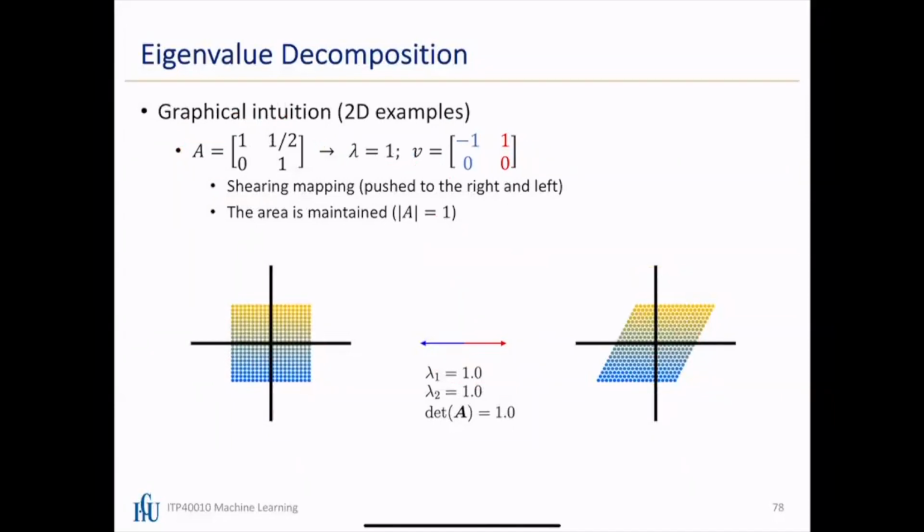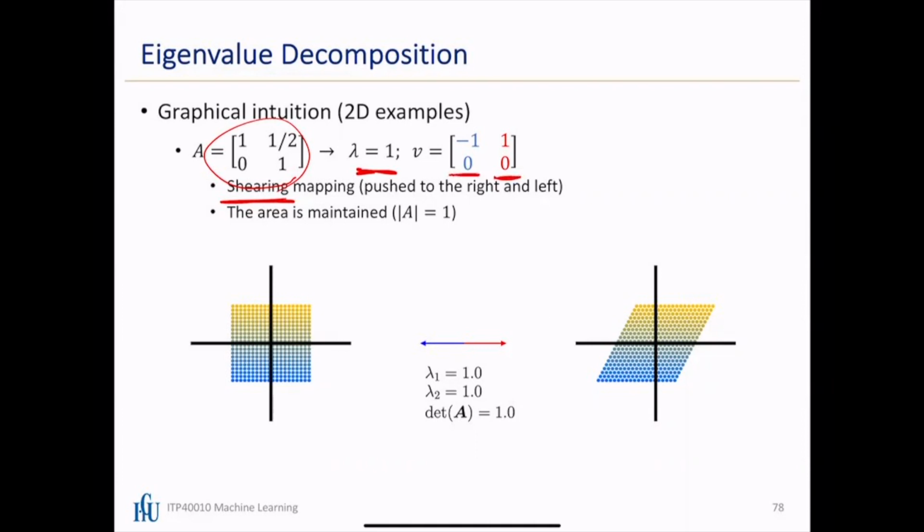And this is a transformation called a shearing transformation, a common shape that people use a lot in many examples. If your matrix is like this, basically you have only one lambda, and that lambda value can have two different eigenvectors.